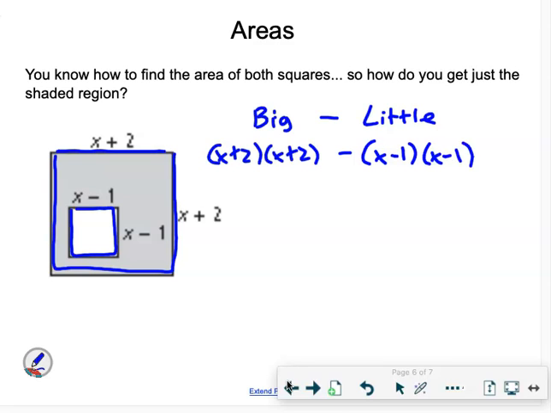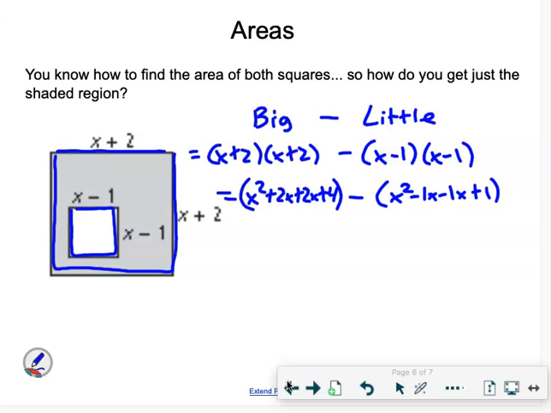So what we're going to look to do is FOIL here. When we FOIL this, we get x squared, we get 2x, another 2x, and then 2 times 2 is 4. That's the first one. This one FOILed, we get x squared minus 1x minus 1x plus 1.